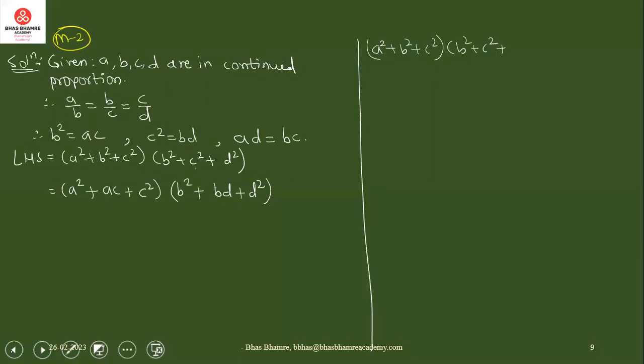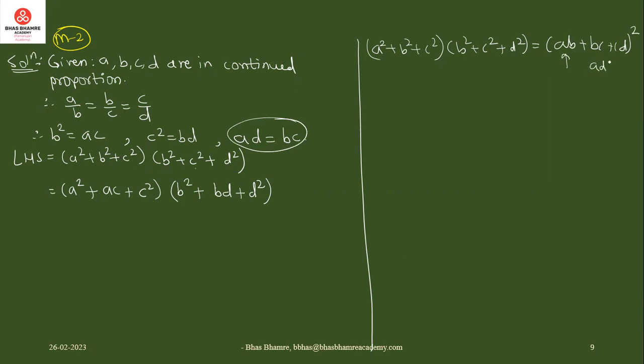Oh, that is equal to AB plus BC plus CD, AB plus BC plus CD, the whole square. Now, if you watch carefully, here we don't know what is AB. We don't know what is BC. Yes, we know. BC is nothing but AD. You can check here. BC is nothing but AD.